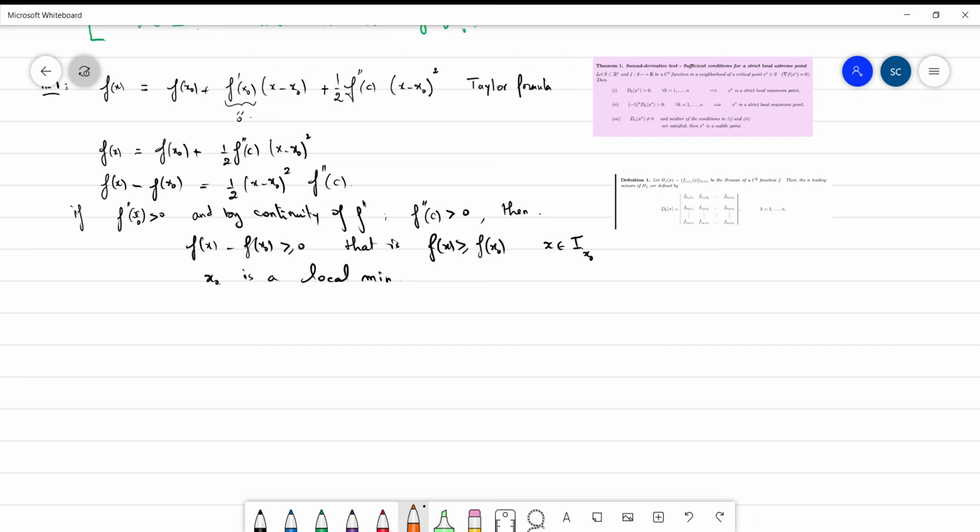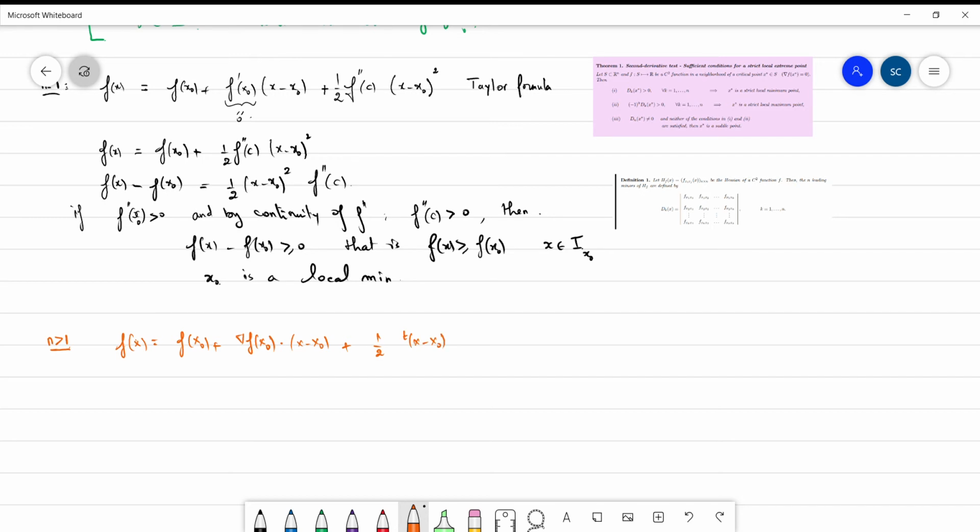For n greater than 1, we can always write f(x), where x is here a vector, as f(x0) plus the gradient of f at x0 dot (x minus x0), and we have some term involving the second derivative. Let's write it like that, half, and since we are dealing with vectors, it will be the transpose of h, where h is x minus x0.